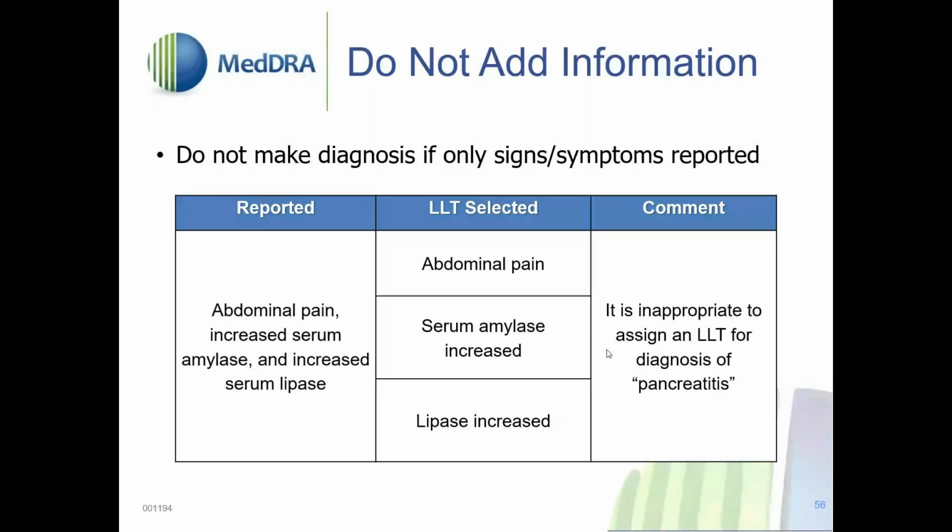So in this example, no diagnosis of pancreatitis should be made out of the signs and symptoms shown: abdominal pain, increased serum amylase, and increased serum lipase. So this would be split and coded to abdominal pain, serum amylase increased, lipase increased. It would not be appropriate to assign an LLT for the diagnosis of pancreatitis.